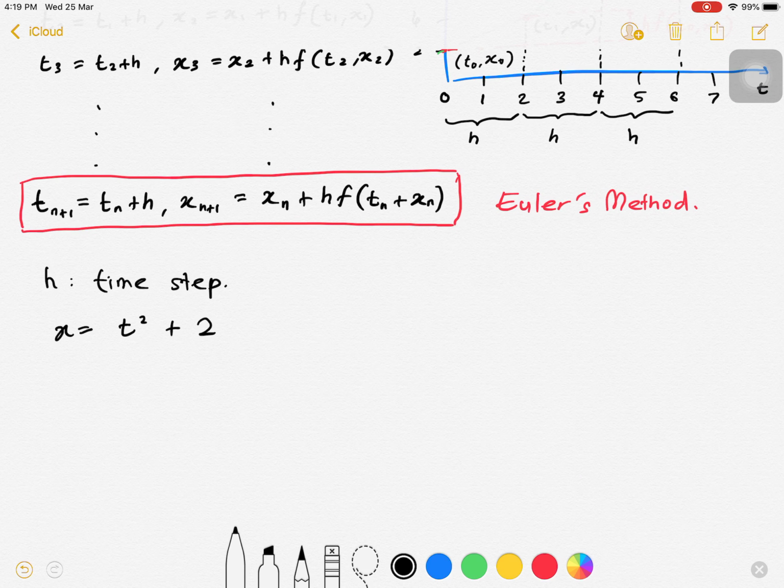So this is the actual solution. What I mean with actual solution is, let's say the function of dx dt is 2t. So this is the function of dx dt.